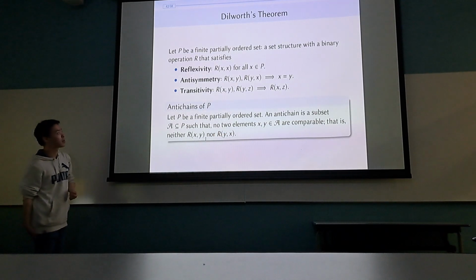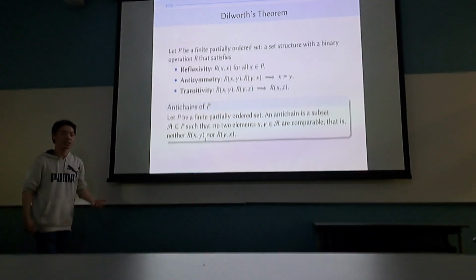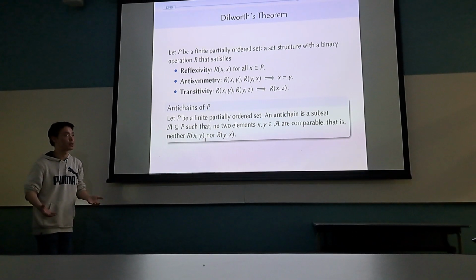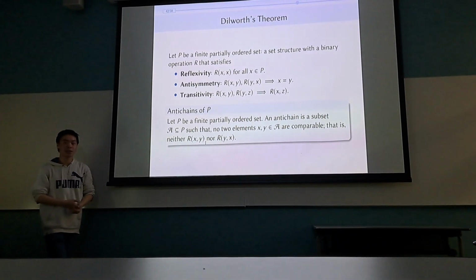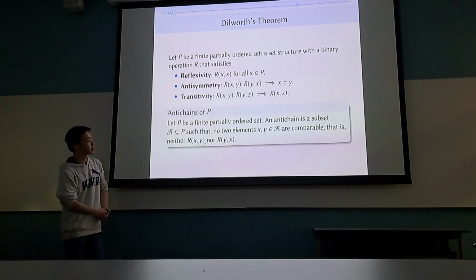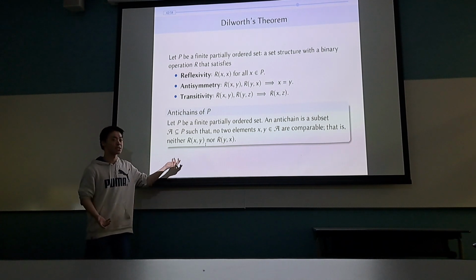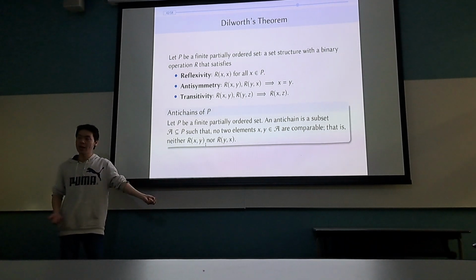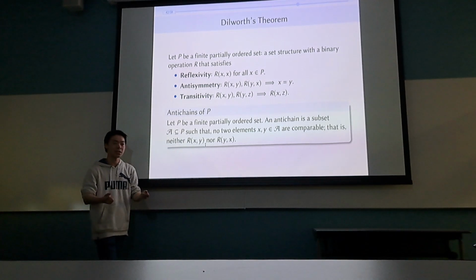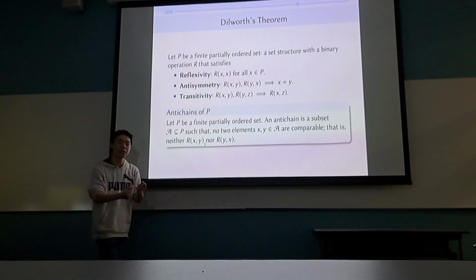All right, once we have that, we'll also define anti-chains, and then we'll look at how these two things are related. Instead of a chain where two things are comparable, now we're going to look at the antithesis of chains, which are anti-chains. For anti-chains, if you take any 2 points in your anti-chain, they're completely incomparable.